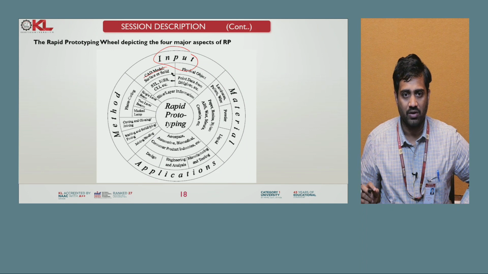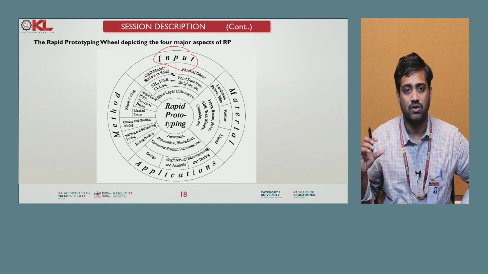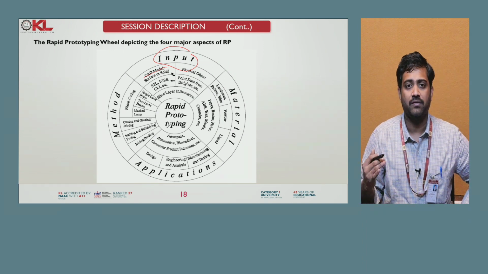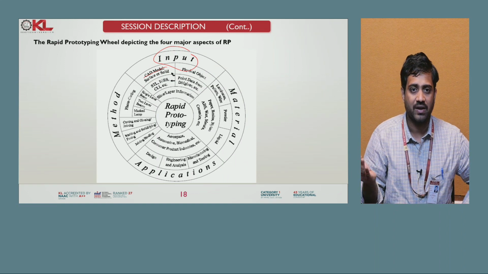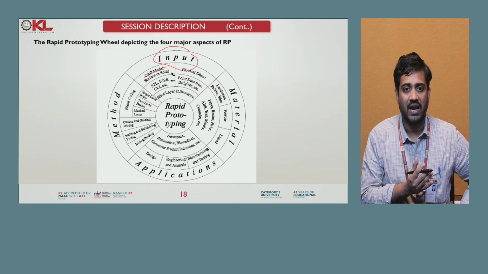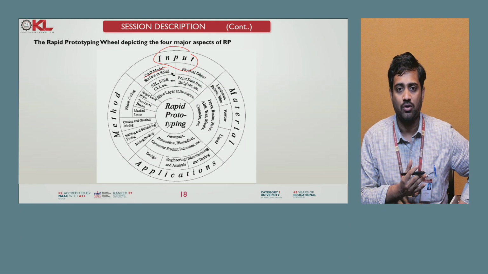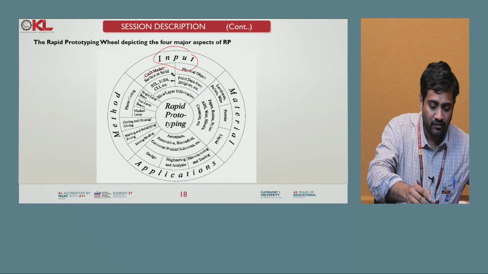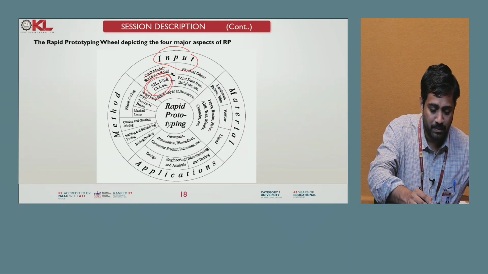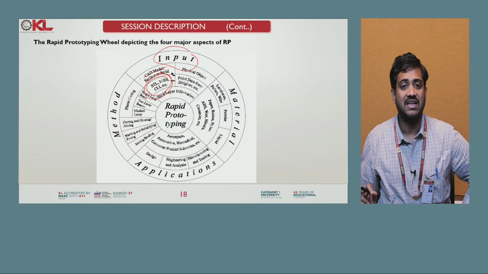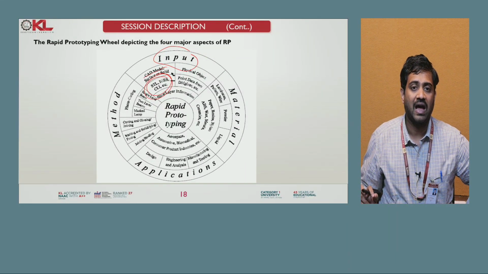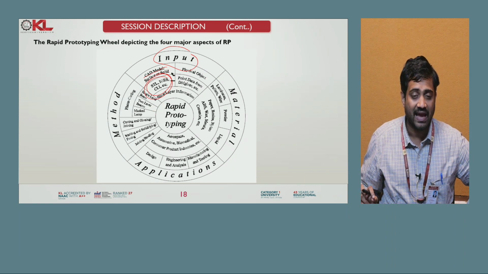Whatever model we have created in CAD software, if we want to print it, we can give it as input to the rapid prototyping or additive manufacturing machine, for which you have to save the file created in CAD in a format such as STL, IGES or CLI.